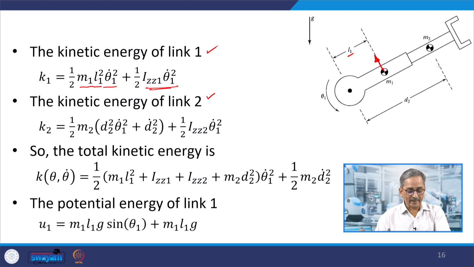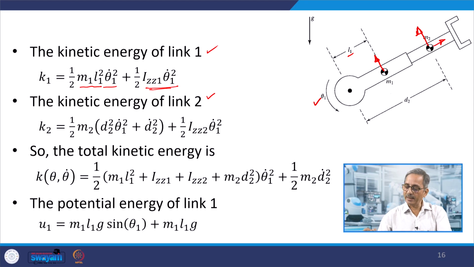Now, for the kinetic energy of link 2, the CG of the mass has two translatory velocities. One is in this direction because of the rotation, since it rotates along with the first link, and since this joint is a prismatic joint, it also has a velocity in this direction.